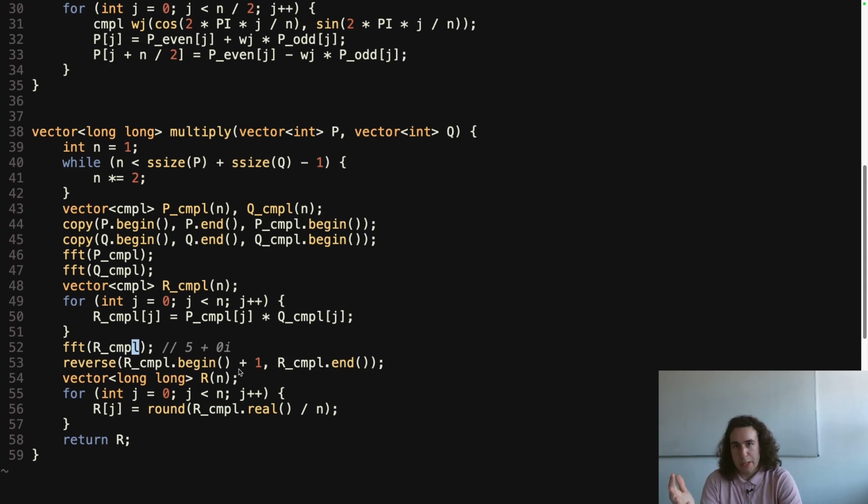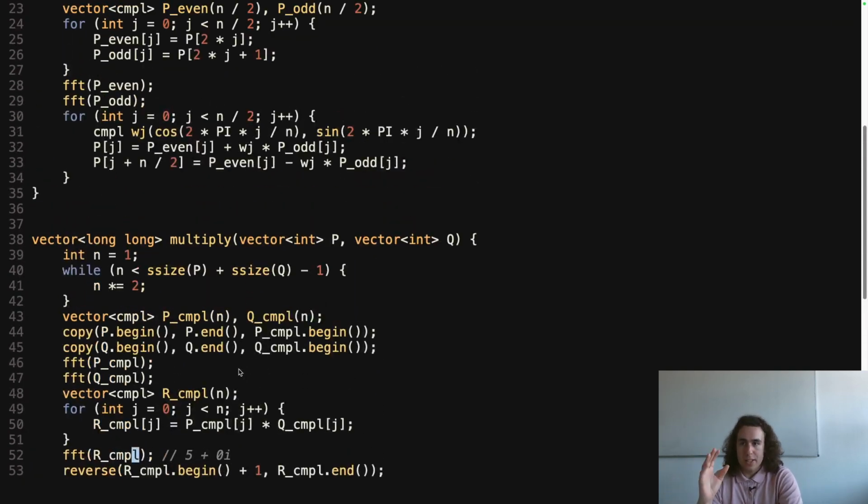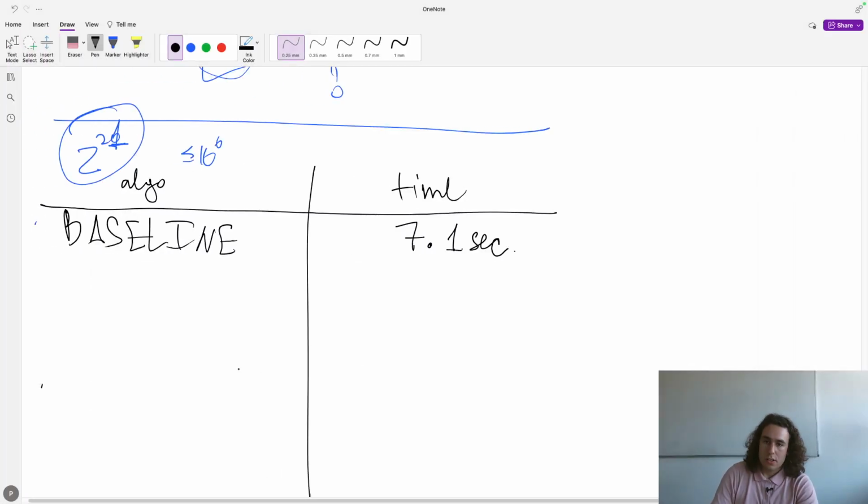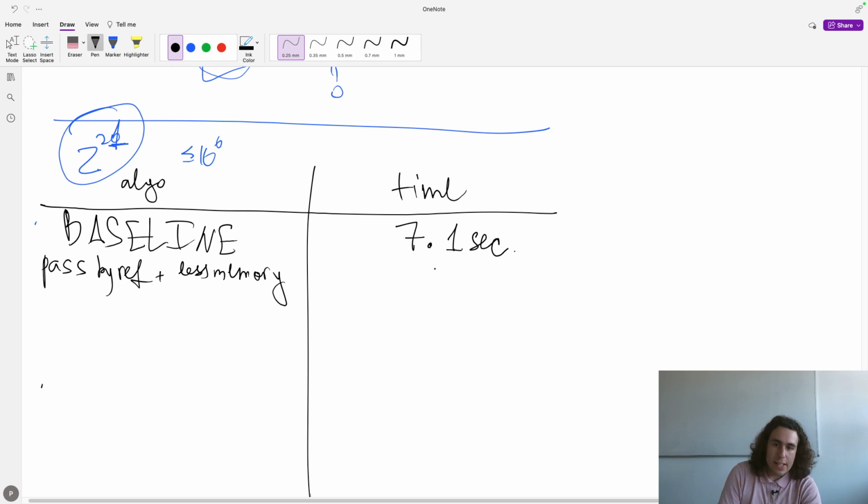We have so much less memory, so much less copying of memory. How much does this code take? Well, so this is pass by reference plus less memory. This takes 4.9 seconds. Significant improvement, obviously, but still pretty long, right?